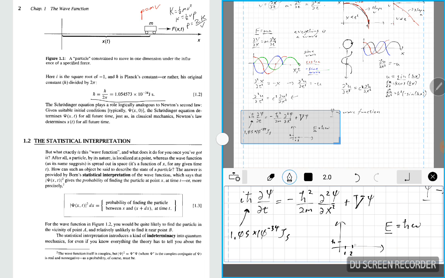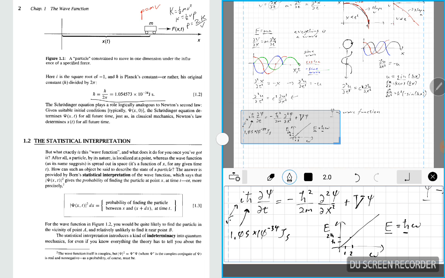I increase omega another angular frequency unit up, another hertz up. I increase the energy to 2 h bar, and it makes a line. So my energy versus omega graph has a constant slope, and that is equal to h bar.